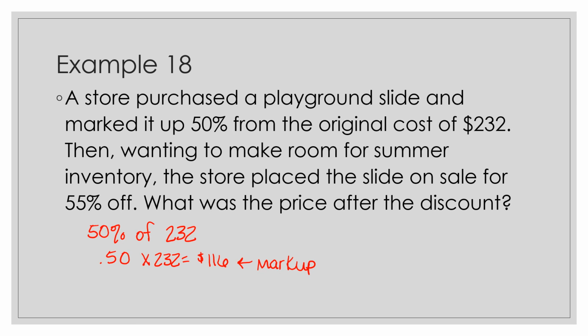So to find what they're going to sell the item for, we have to take that $116 and add it to the cost of buying the item, which was $232, which gives them a price of $348. However, they've now had to go back and to that $348 and place the slide on sale.